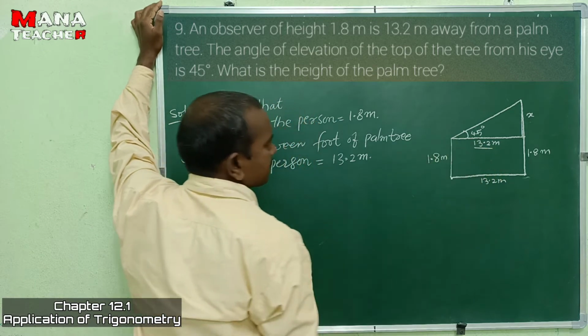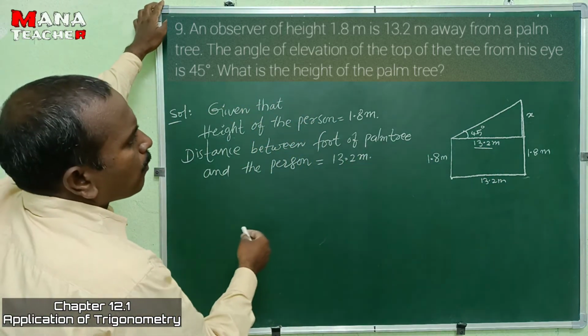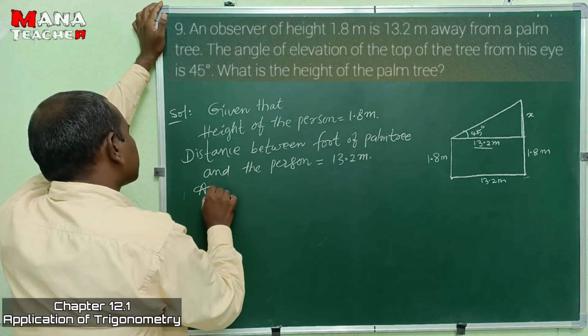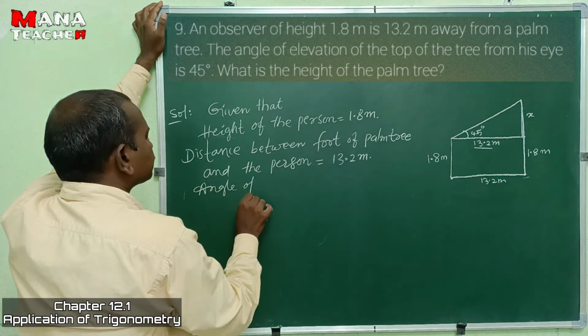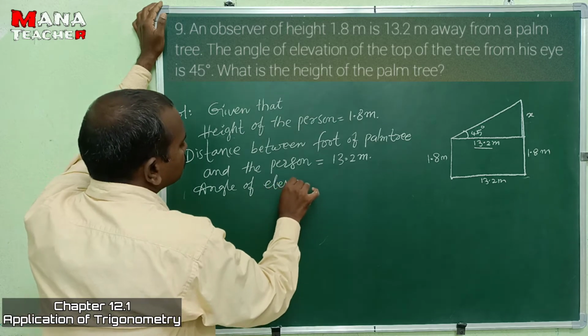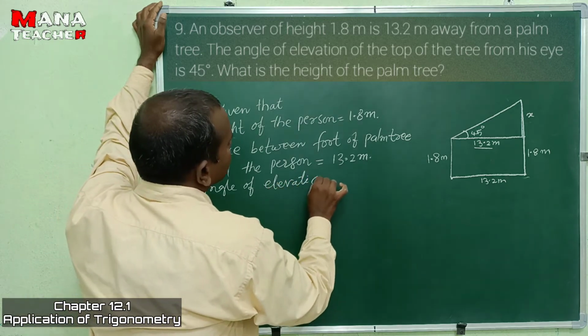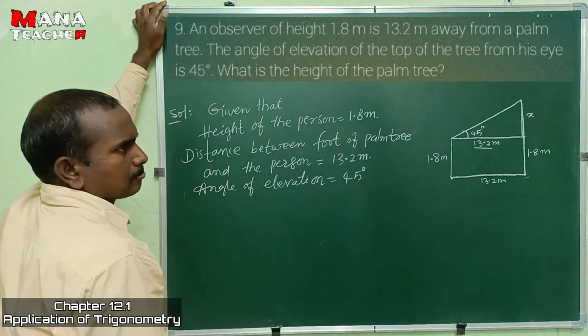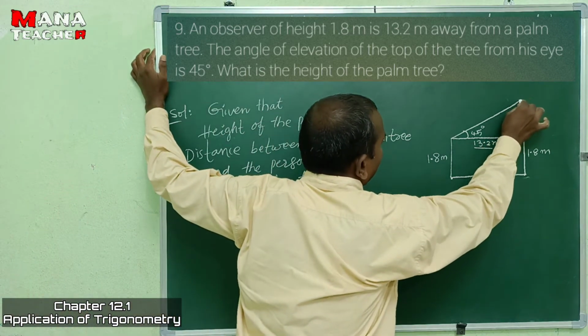So this is given. Now the angle of elevation equals 45 degrees. So now this is the top of the palm tree.